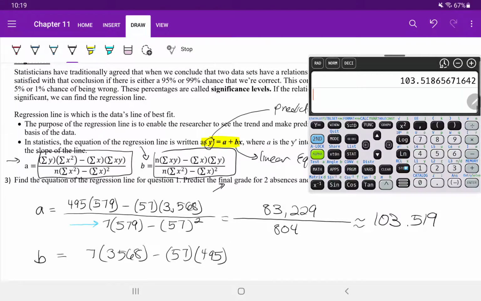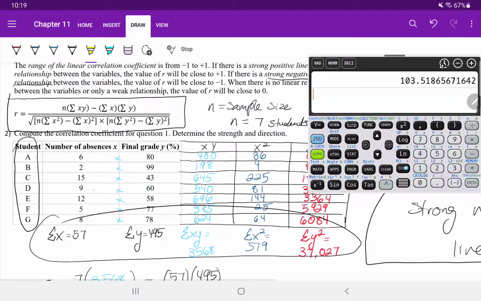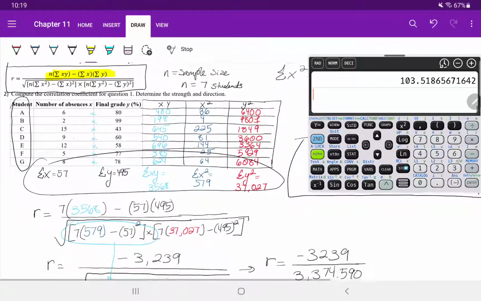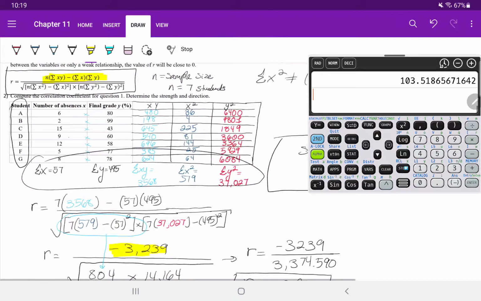And if you notice, if you look right here, these values are the same. This part is the same as the numerator of the correlation coefficient. And I know already that my numerator, when I did the mathematics, was negative 3,239. So we can just make that connection.